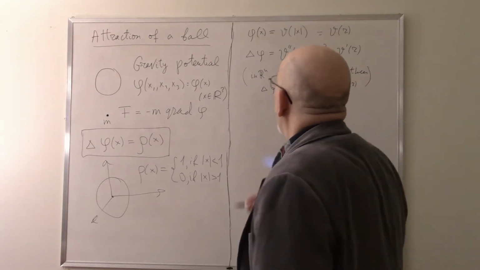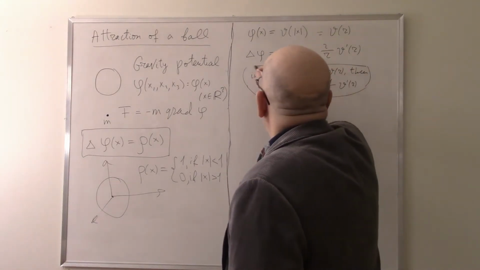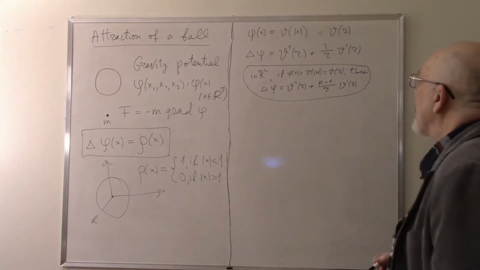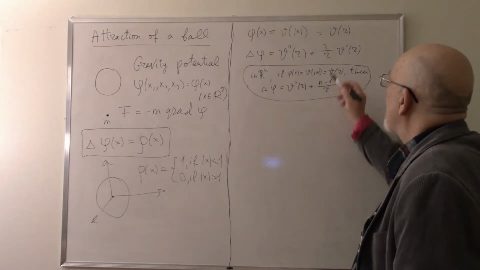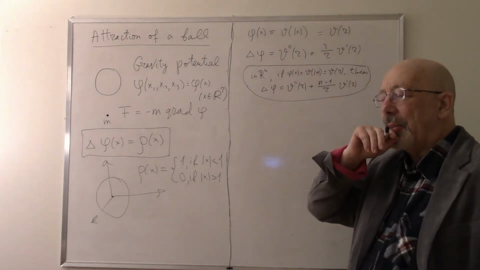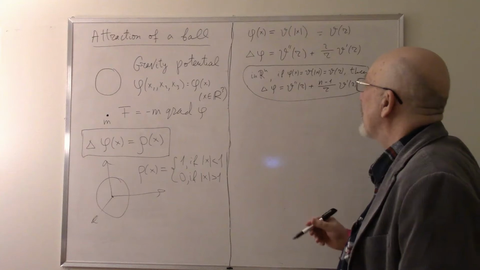So we have this general relation, and in particular in the three-dimensional case n minus 1 equals 2. So we have this equation.